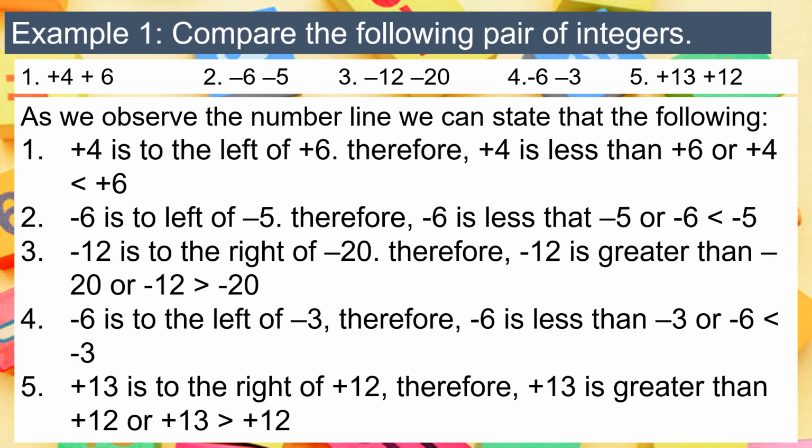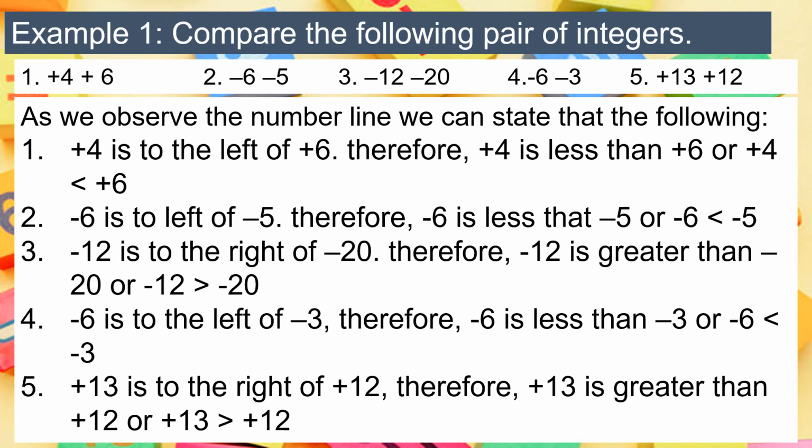Next, number 2, negative 6 is to the left of negative 5. Therefore, negative 6 is less than negative 5. Number 3, negative 12 is to the right of negative 20. Therefore, negative 12 is greater than negative 20.